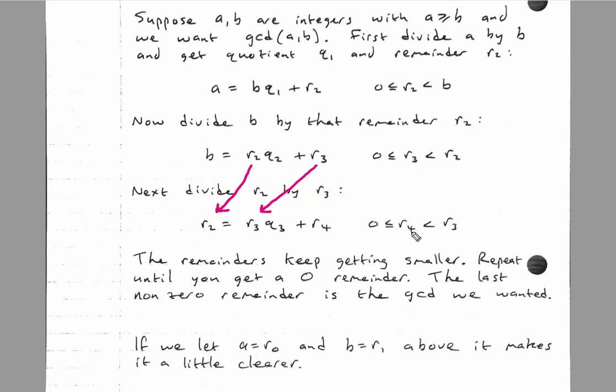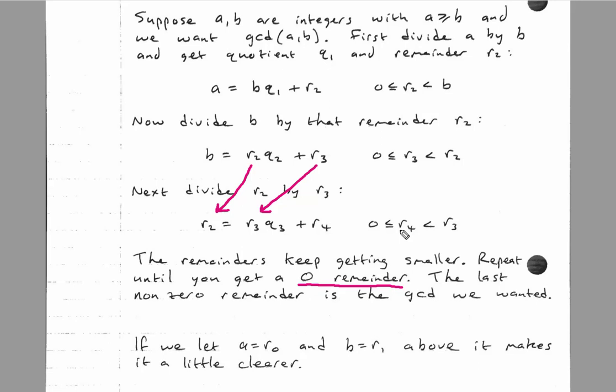Okay, and you see what's happening. These remainders are getting smaller, so r sub 3 is strictly less than r sub 2, and r sub 4 is strictly less than r sub 3. They can't go negative, they have to stay positive, so these remainders get sandwiched. So this procedure has to finish with a 0 remainder.